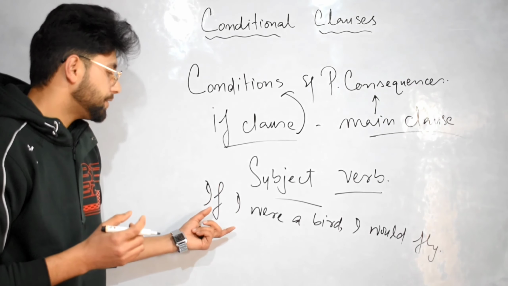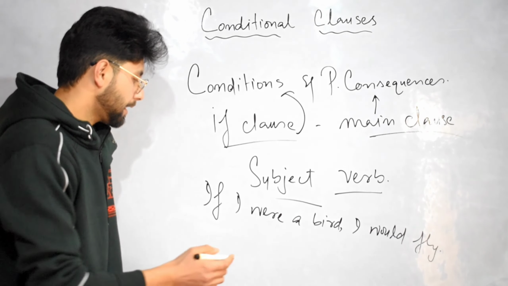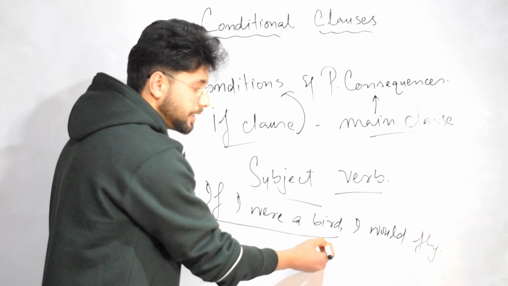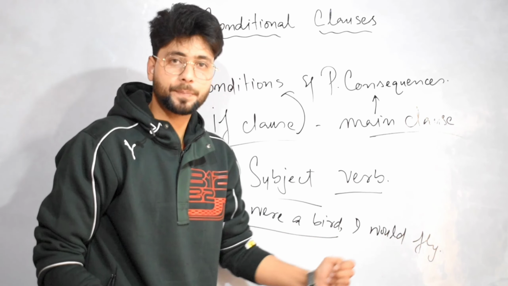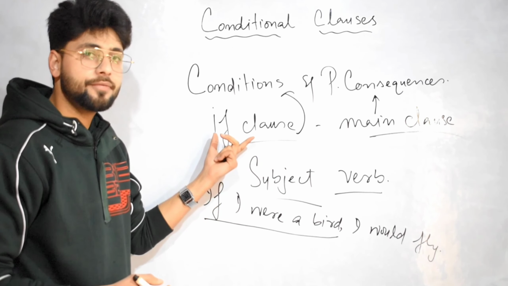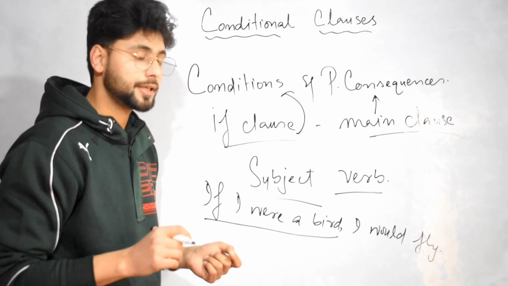Look, here are two sentences actually. Here are two clauses. The first clause is from if up to bird, and the second clause starts from I to fly. If I were a bird, this is if clause, or this is a condition what we are providing.